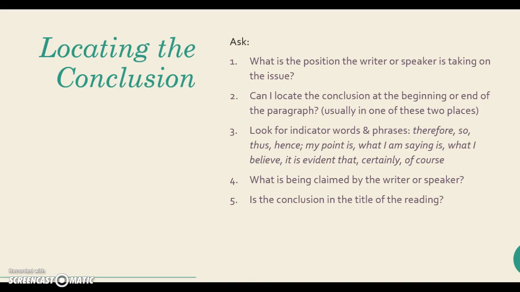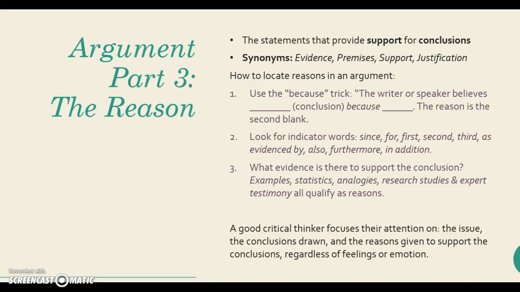And you want to ask what claims are being made by the writer or the speaker. And finally, sometimes the conclusion is the title of the reading. It's given a topic and there's an opinion or a conclusion right in the title of the essay or the paper or the chapter, and you can find it that way.